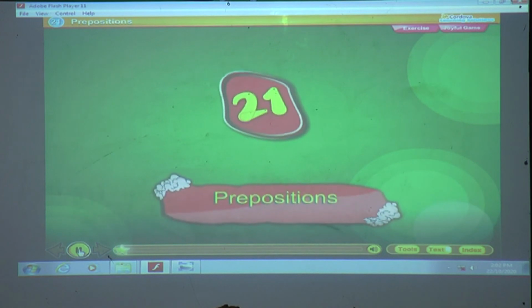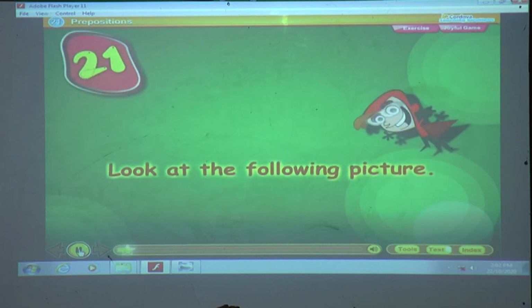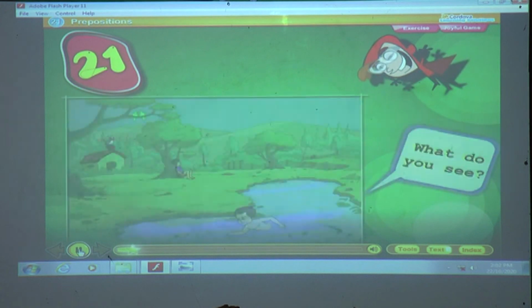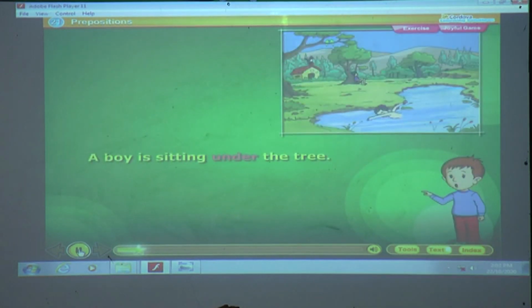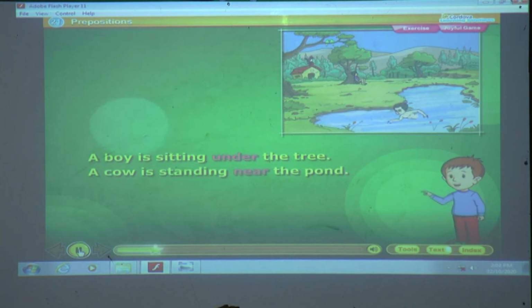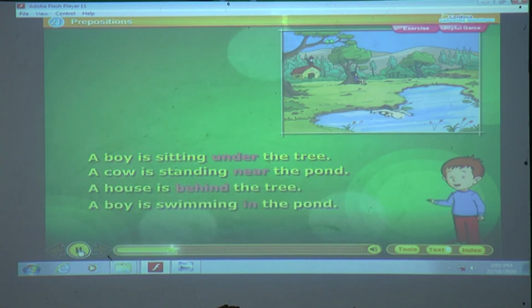21. Prepositions. Look at the following picture. What do you see? A boy is sitting under a tree. A cow is standing near the pond. A house is behind the tree. A boy is swimming in the pond.